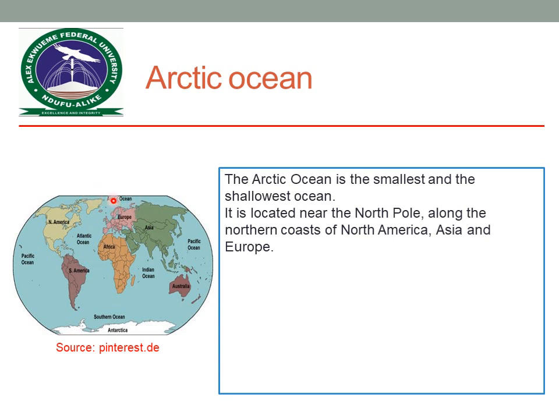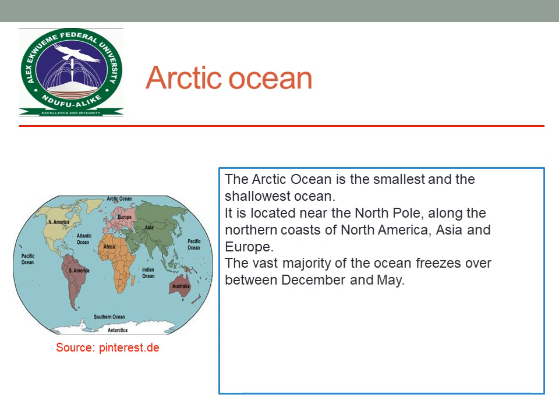Of course, it's near the North Pole, so it's a very cold ocean. The waters are very cold. And then it is along the northern coast of North America, Europe, and Asia. The vast majority of the water freezes over between December and May, just like the Southern Ocean.